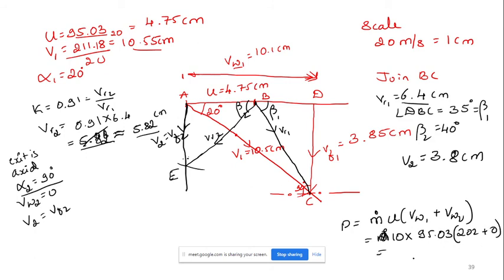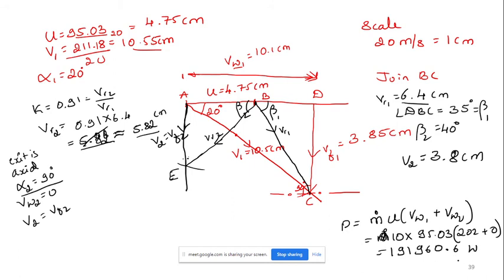So how much is this power developed? 10 into 95.03 into 202. That is 191960, 191,960.6.